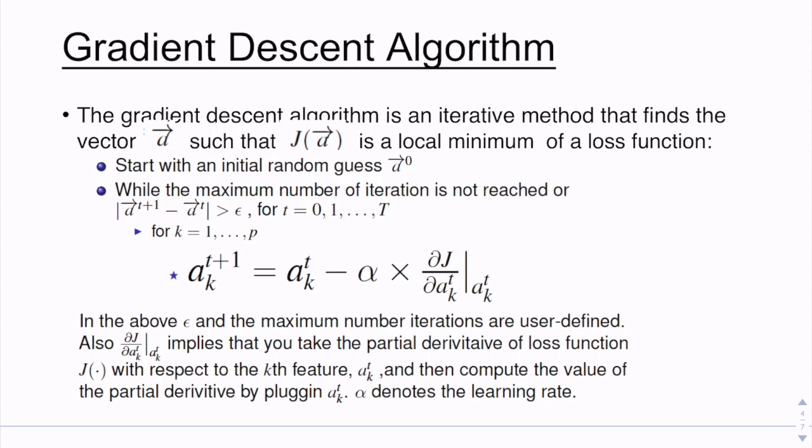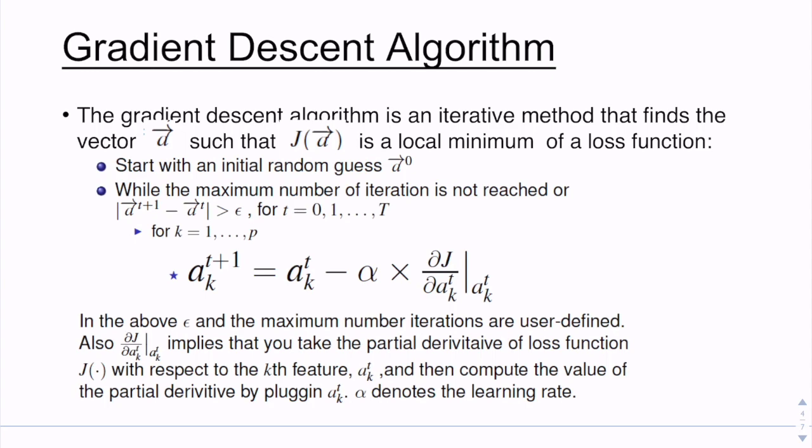Also, neural networks, which I said are the state-of-the-art classifiers for big data, all work based on the gradient descent algorithm during their training in order to find the parameters. Of course, there are some extensions and modifications to the gradient descent algorithm, but the basic idea is the same.